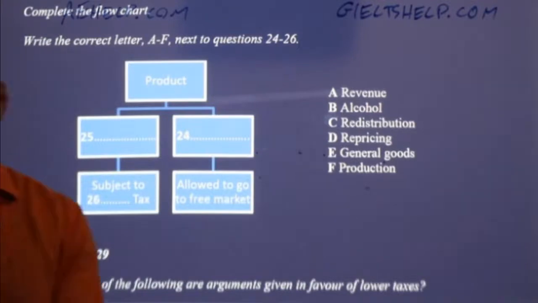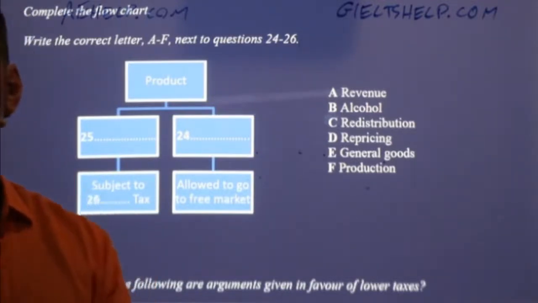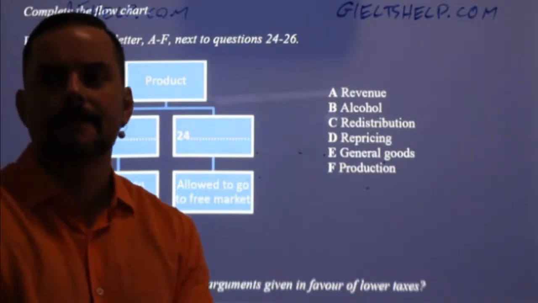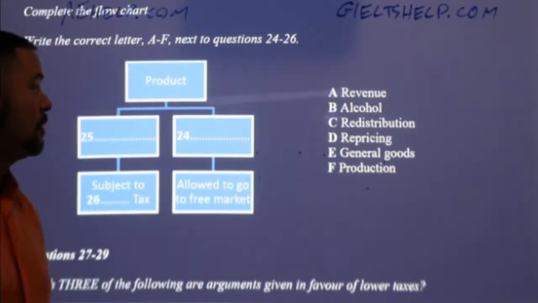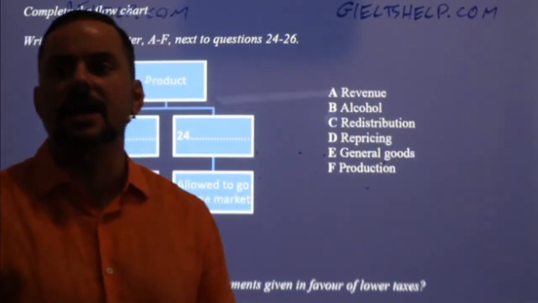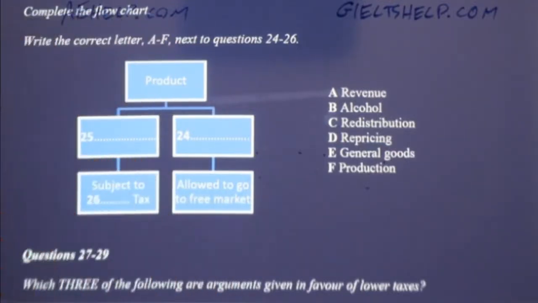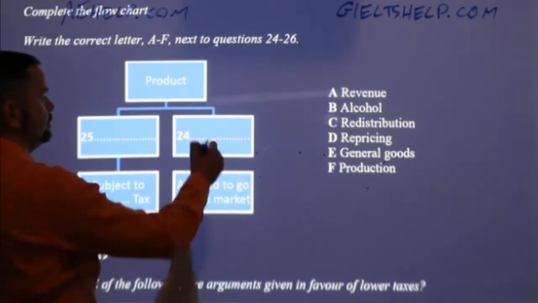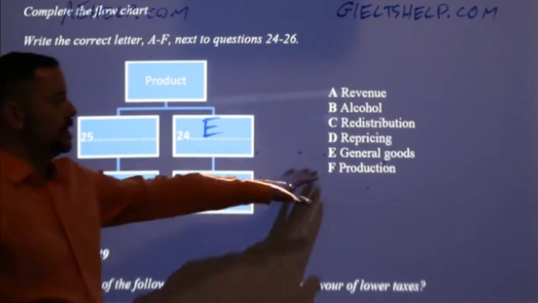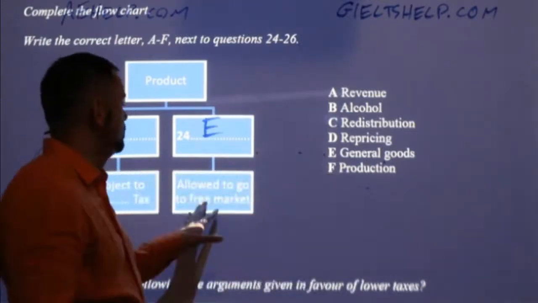So what's the answer for number 24? Okay, number 24, according to Sugandhika Kare, is E, general goods. And yeah, general goods are allowed to go to the free market.